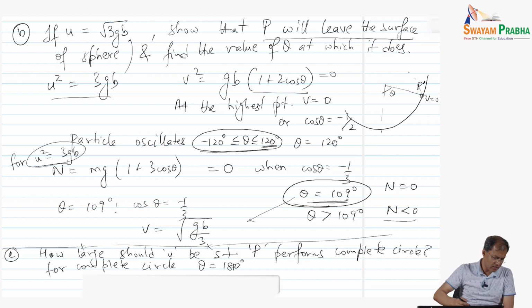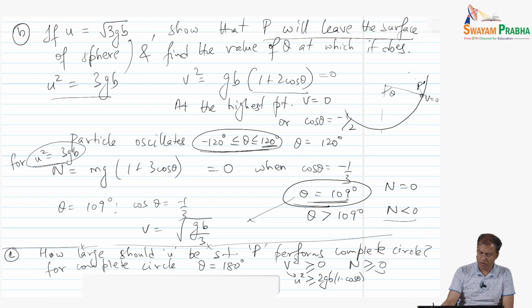For that case, we must have that v has to be non-negative, and N also has to be non-negative. When we plug in the formula for v, we can quickly see that we get the inequality u square greater than 2gb(1 minus cos theta), and from the normal reaction expression we get u square greater than gb(2 minus 3 cos theta).